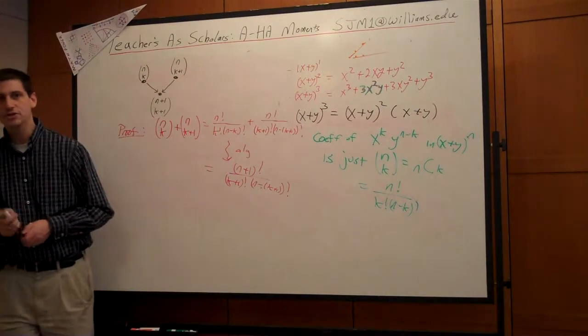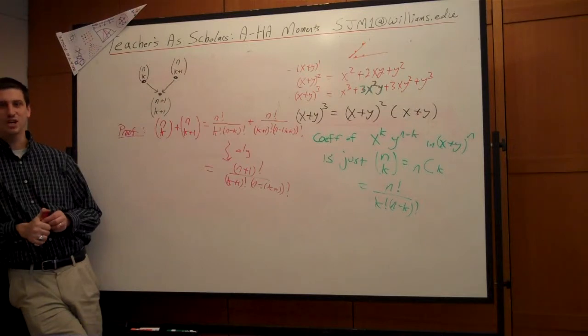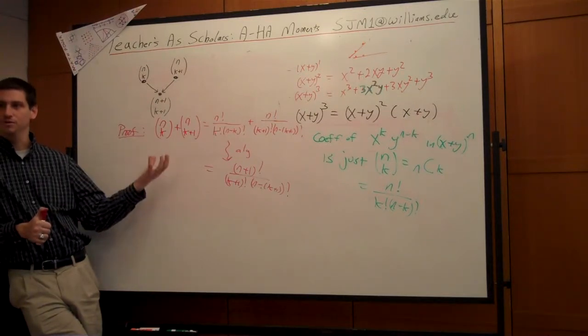So if your students are patient enough, they will get it. They will also hate you, they will hate mathematics, and they will be extremely unlikely to ever want to do any of this again. This is a valid proof.